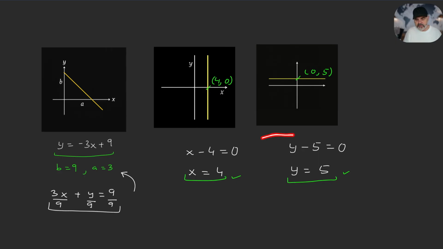Now, in terms of a horizontal line, for example, y minus 5 is equal to 0. It's a sort of standard form of the equation. And when you solve it for y, it is 5. So y is equal to 5 could be misleading, like x is equal to 4. If you're not putting it in the context of a straight line, you may think, well, y is equal to 5, it's a number.